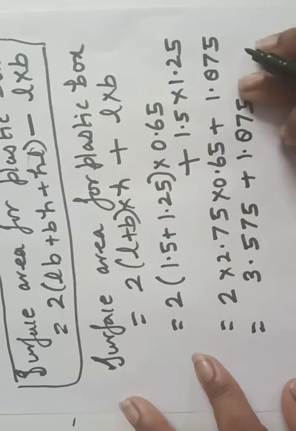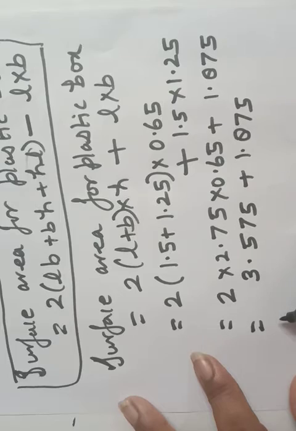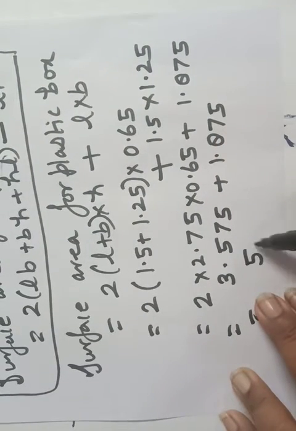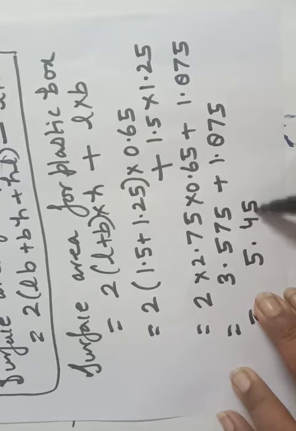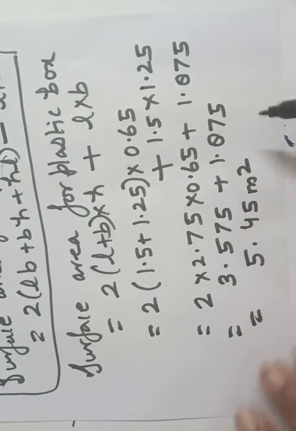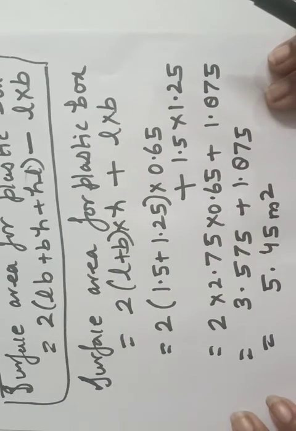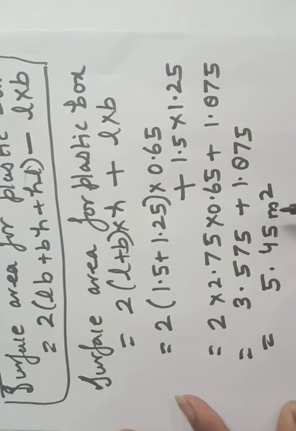Adding this, we get 5.45 meter square. This is the surface area for the plastic box.